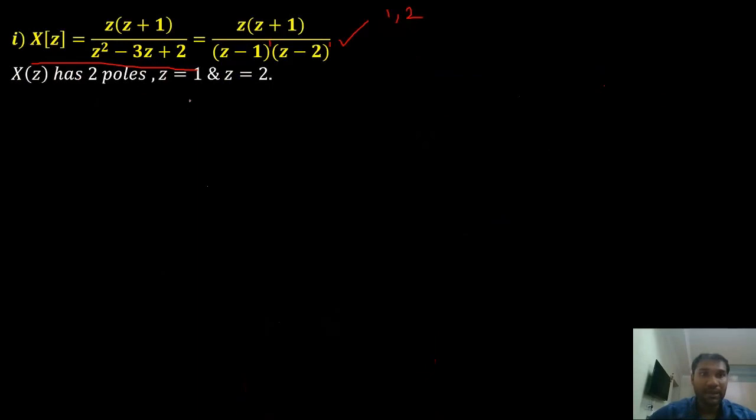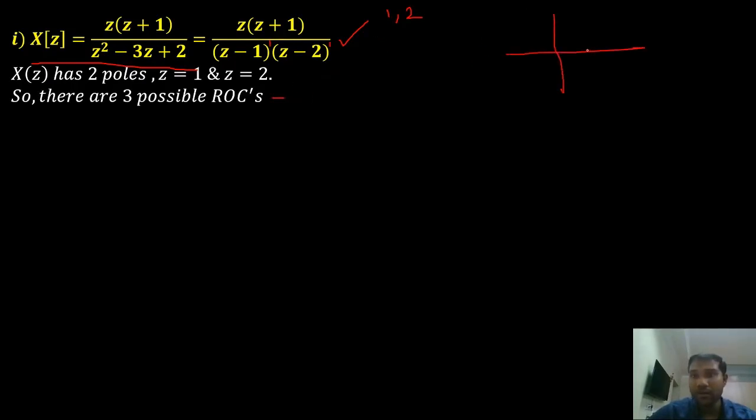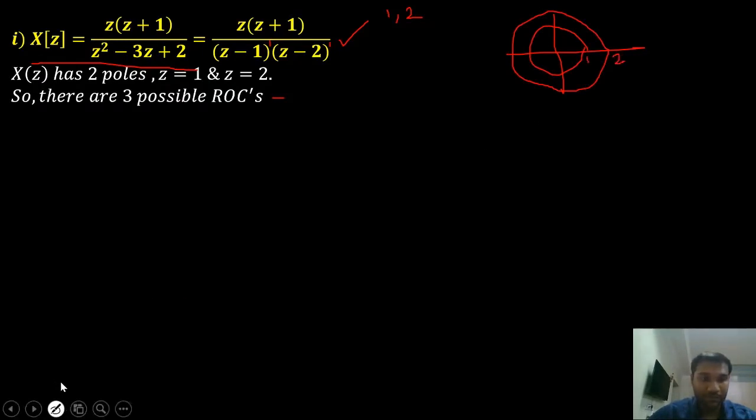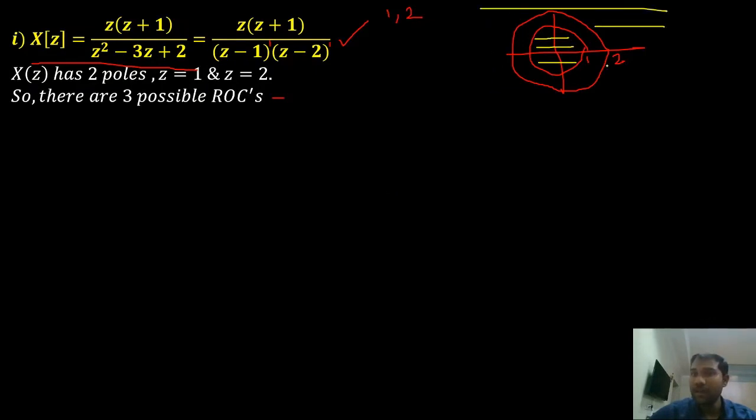Now, we have two poles, and there are three possible ROCs. We are not given any ROC in the question. This is Z equals 1, and this is Z equals 2. One ROC is inside the innermost pole, another is outside the outermost pole, and the third is in between the two poles.